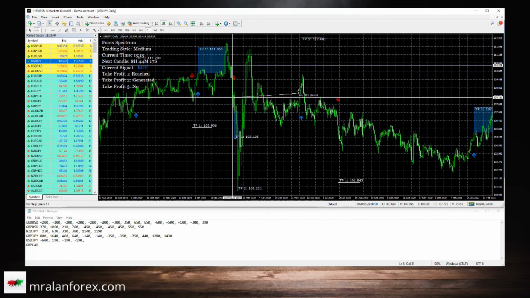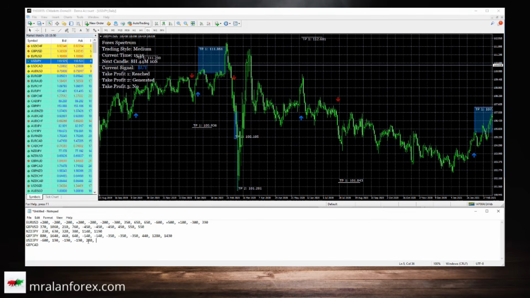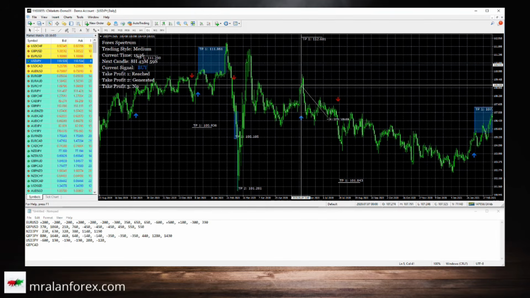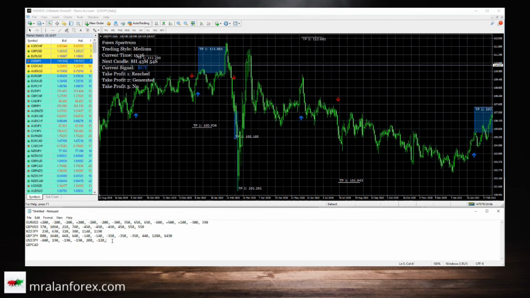And then we lose 2 times 60, so minus 120, because of this move. Then it looks like we get caught out again, about here. So 300 times 3 is minus 900.